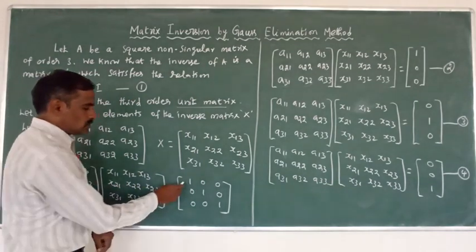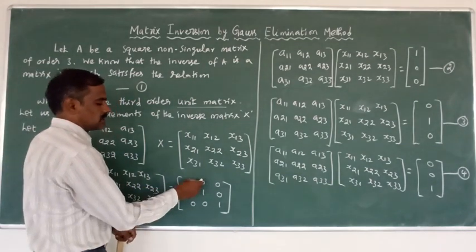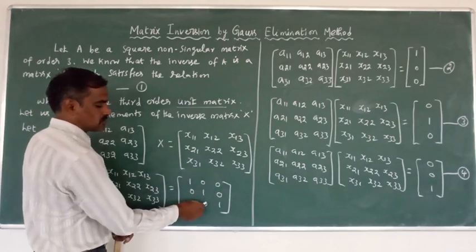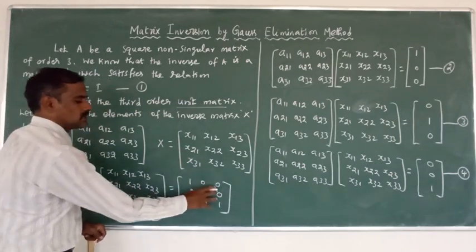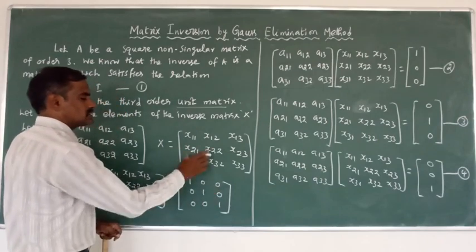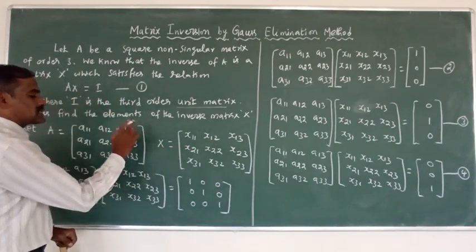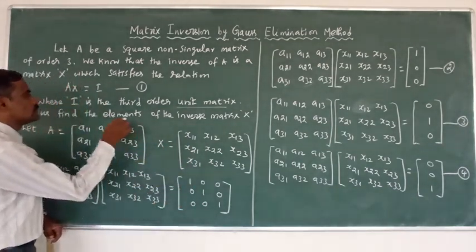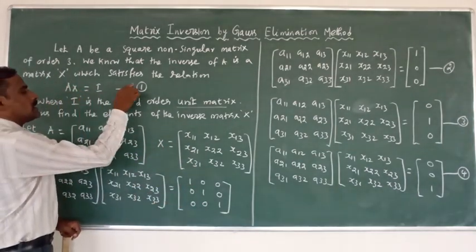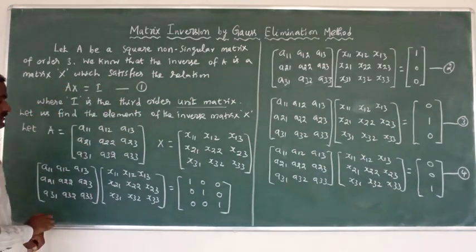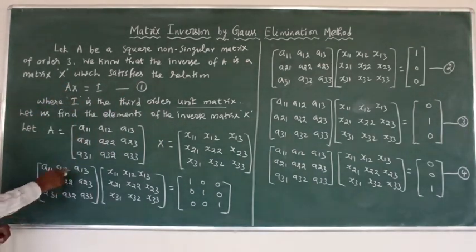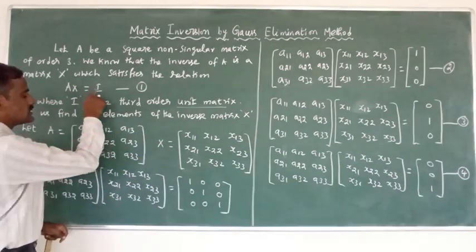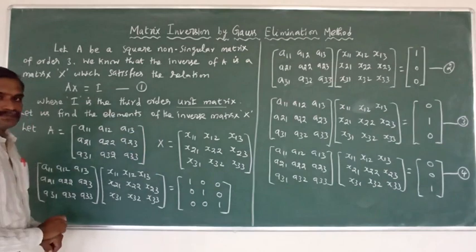So we can write I as 1 0 0, 0 1 0, 0 0 1. This is for the I value, this is for the X value, and this is for the A value. Substitute all three in equation 1: this is A, this is X, equal to I.